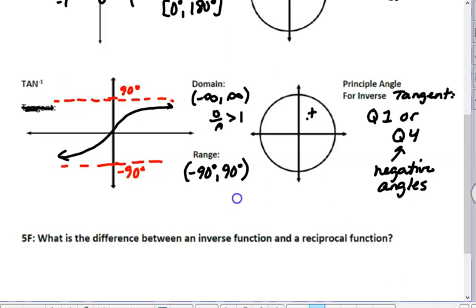So if we get a positive tangent value, once again we're always in quadrant 1 for positive sine, tangent, or cosine values when we do inverse functions. But if we have a negative tangent value, then we're going to go backwards into quadrant 4 and go from 0 to -90. We'll come back to this information in our practice problems in the next page of the notes.